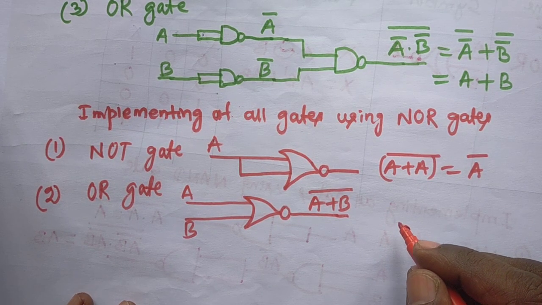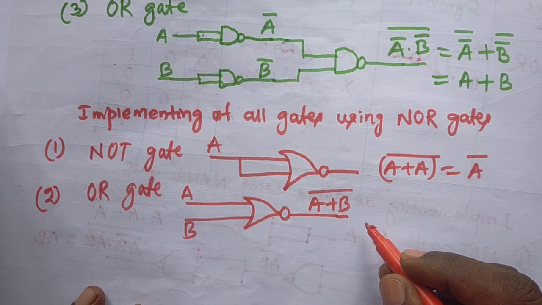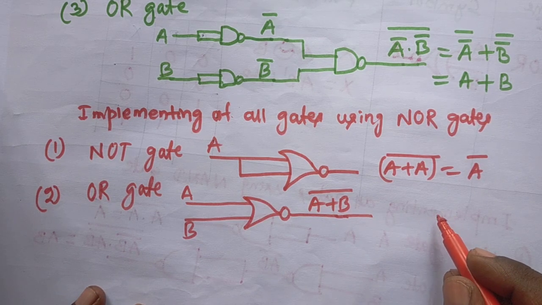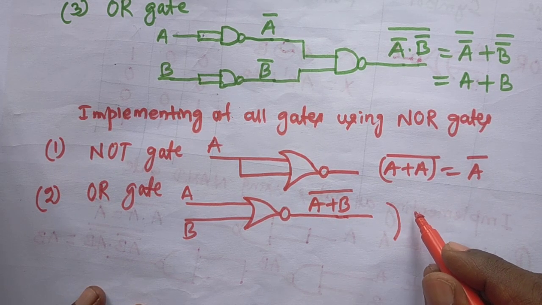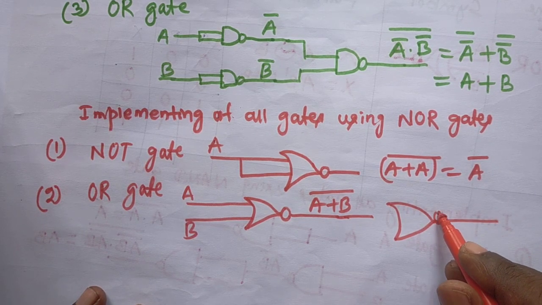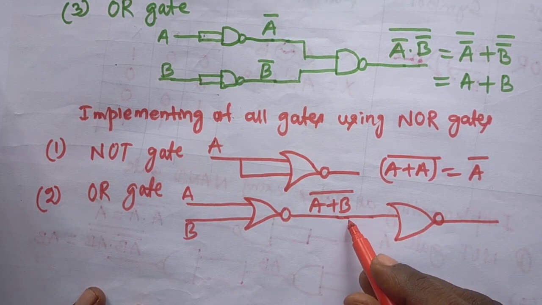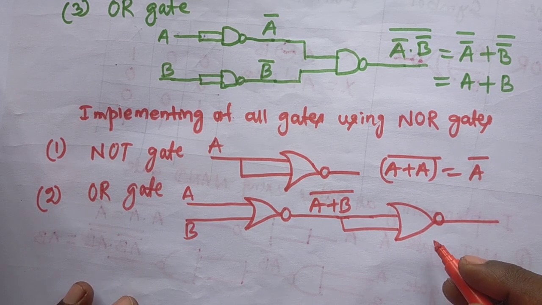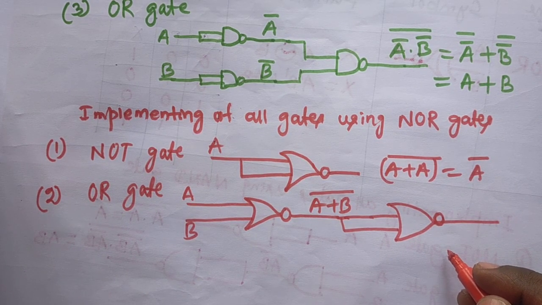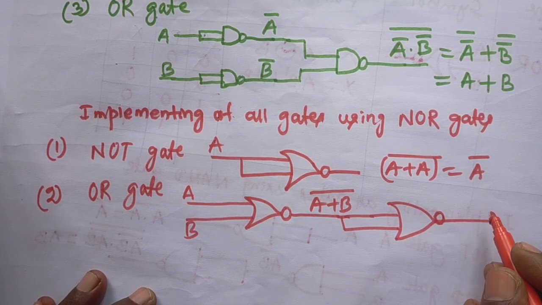Then you see A plus B complement, again what happens, if we go through this one, again we add another NOR gate, okay. So one part is here, similarly another part is here. That means A plus B complement here, here also A plus B complement. What is the result?